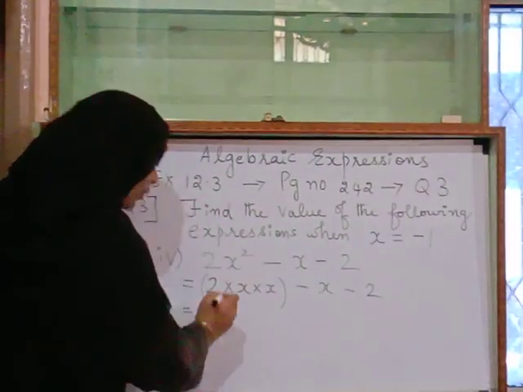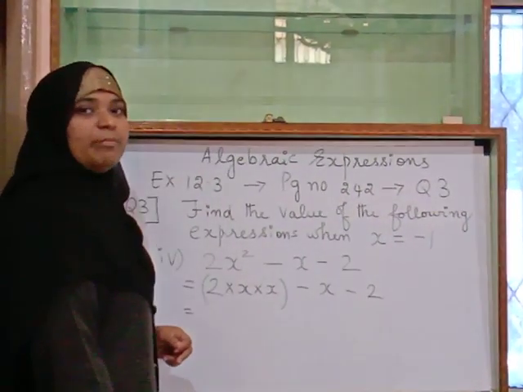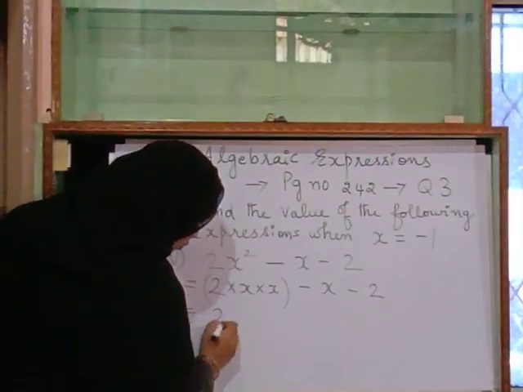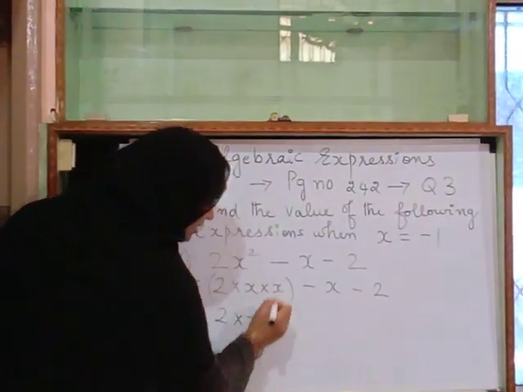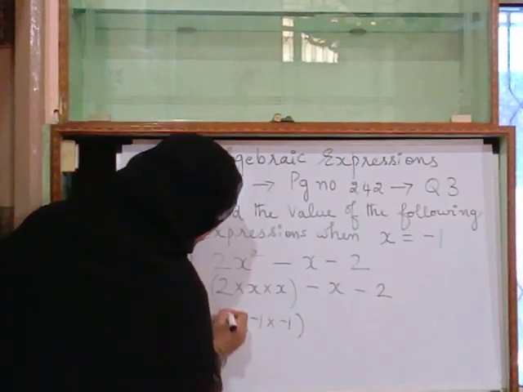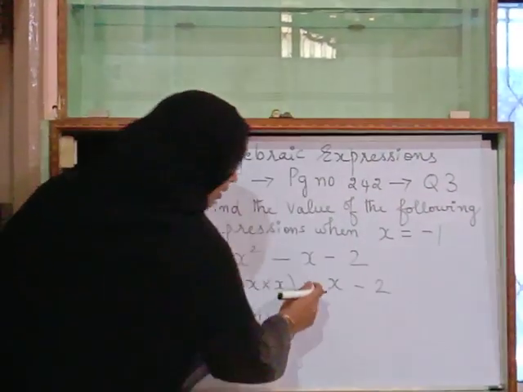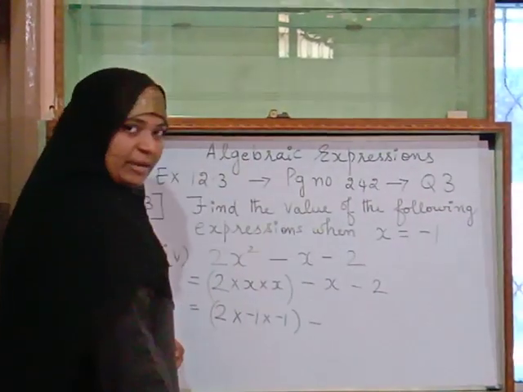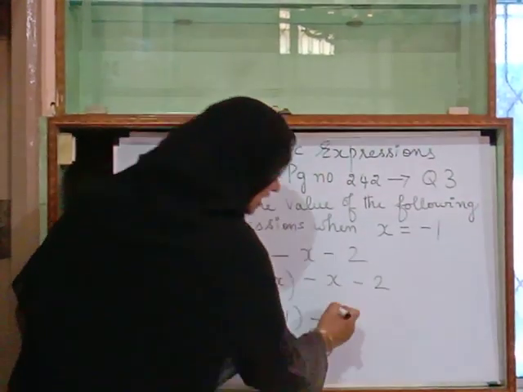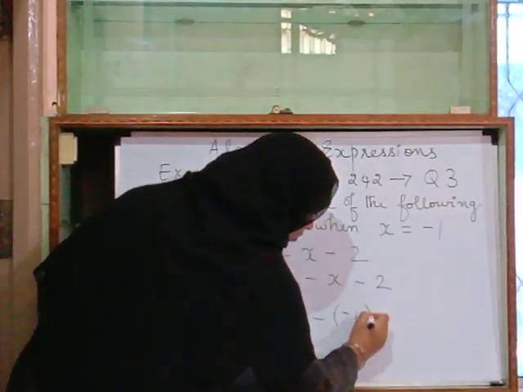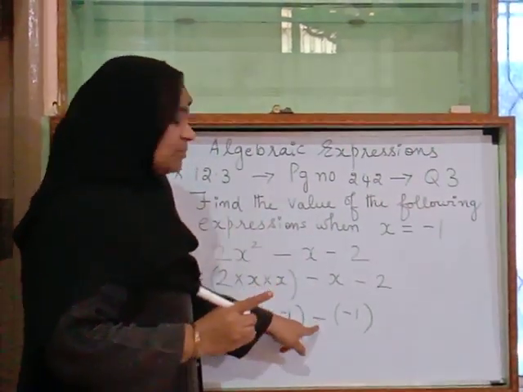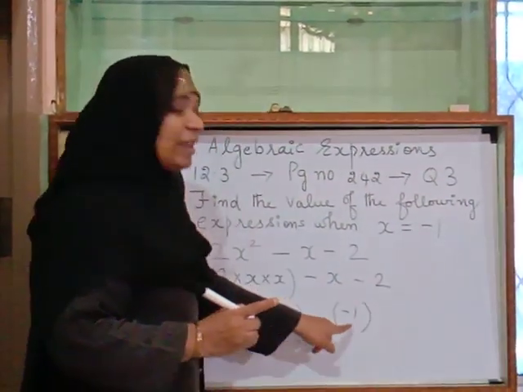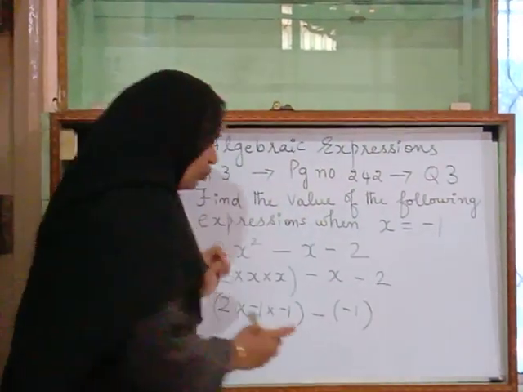Now substitute the value of x as minus 1. 2 into the value of x is minus 1. Another x is given. So the value of x is minus 1. Here as usual we have a minus. The value of x is actually what? Minus 1. So be very careful with the minus sign because this minus comes from the question and this is the value of x given as minus 1.